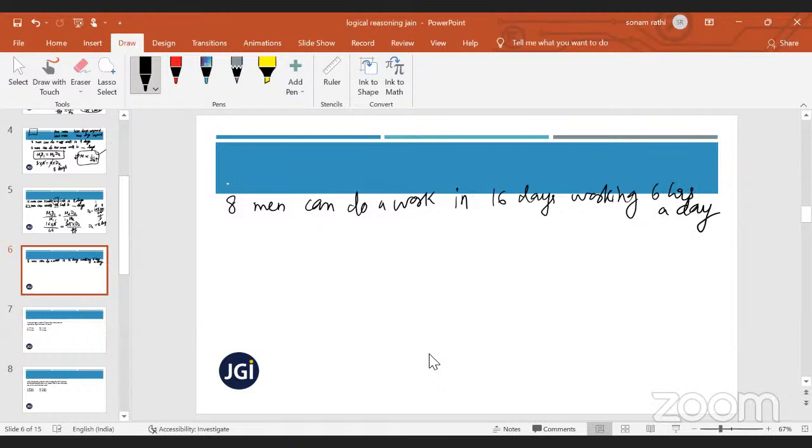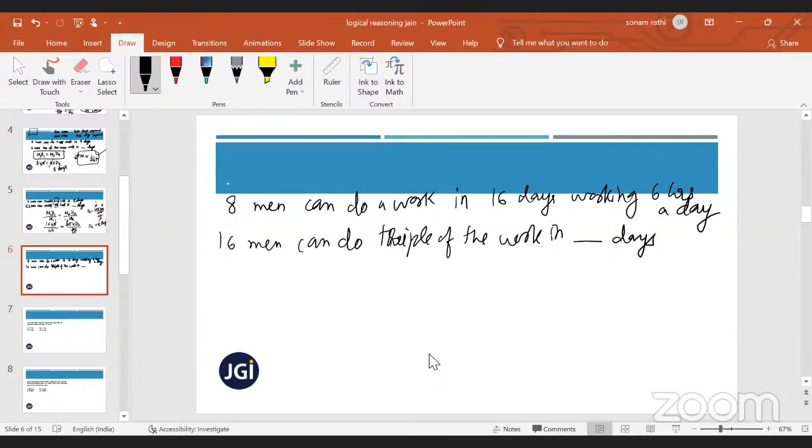And I say 16 men can do triple of the previous work in how many days, working 8 hours a day. So now I've given you men, work, days, and hours.